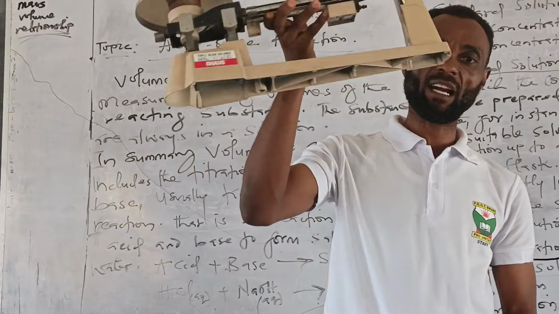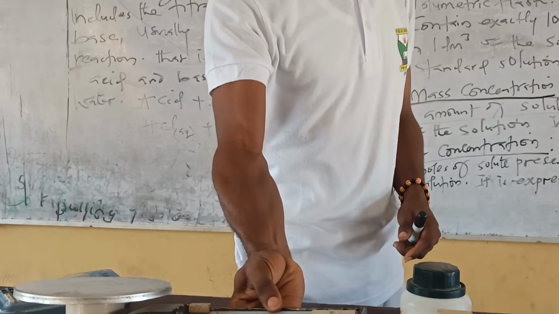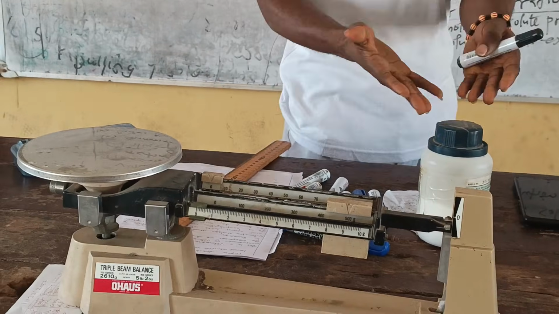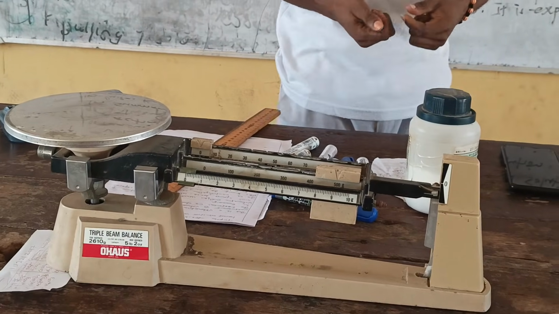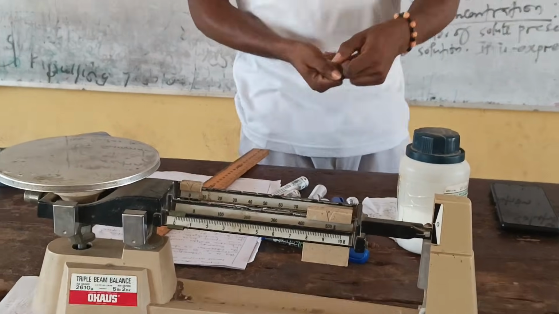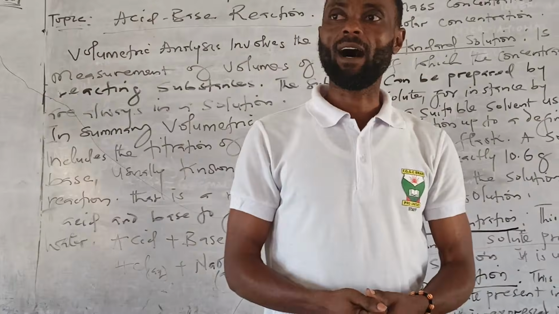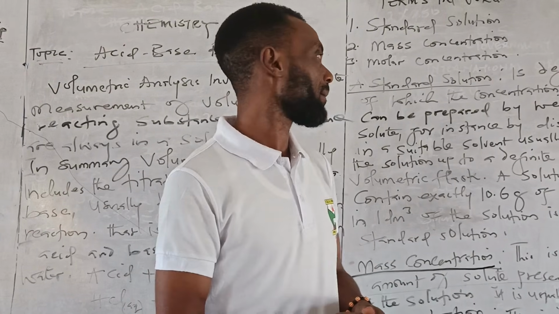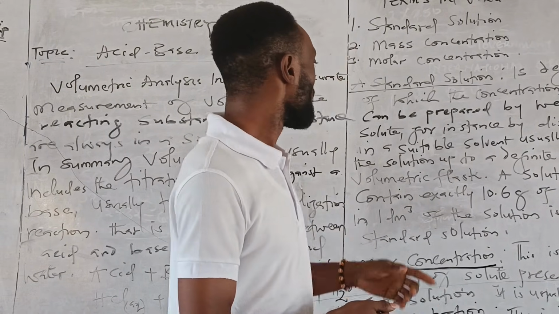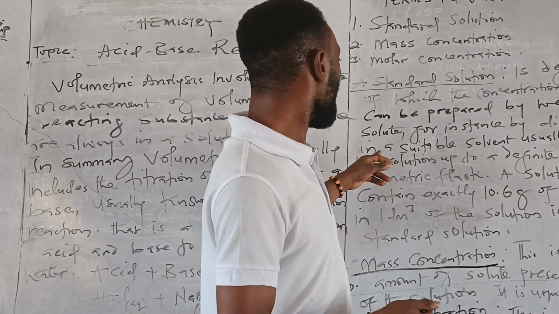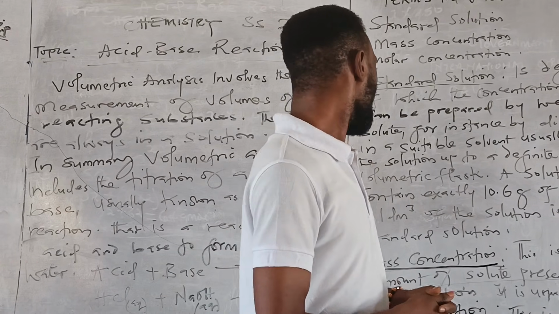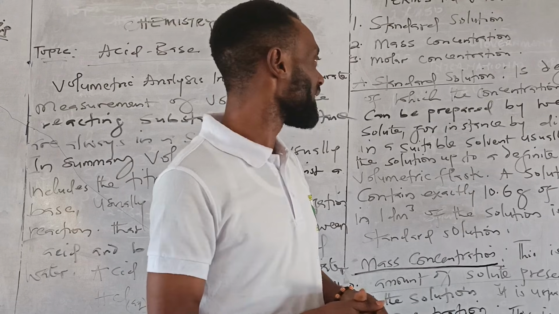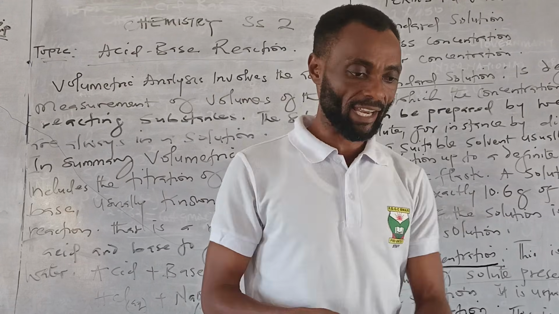Sometimes we also call it the chemical balance. Then you dissolve it inside a suitable solvent, usually water, making the solution up to a definite volume in a volumetric flask.